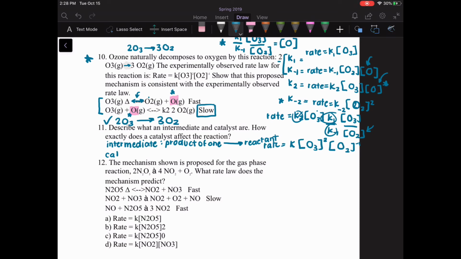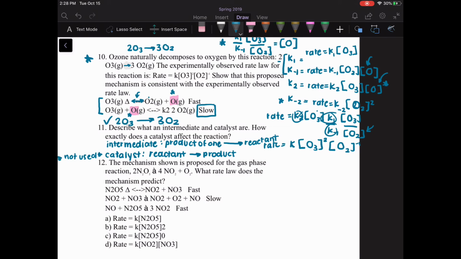So the difference between that and a catalyst is that a catalyst appears as a reactant, and then it also appears as a product, meaning it's never used up. An intermediate is used up. So intermediate, it's usually immediately used up.